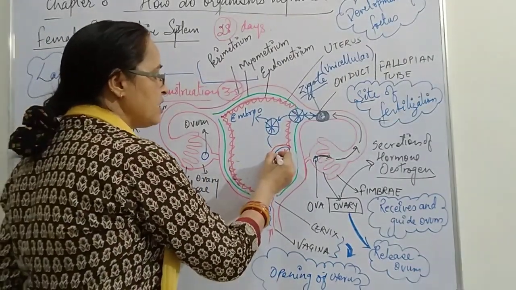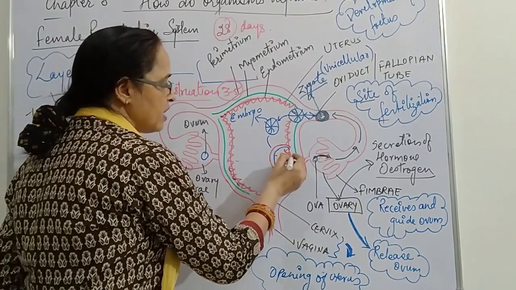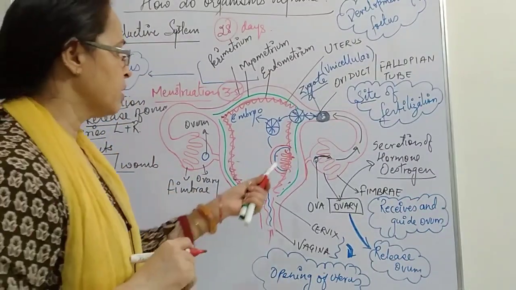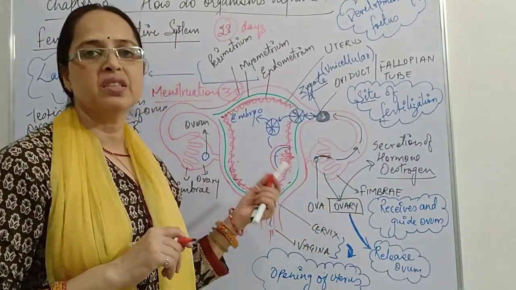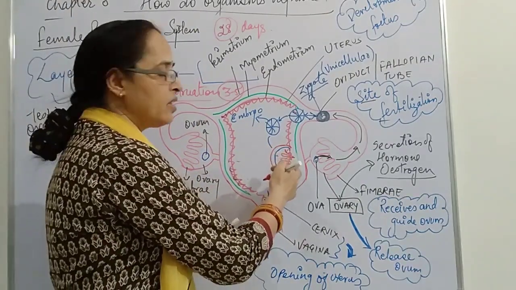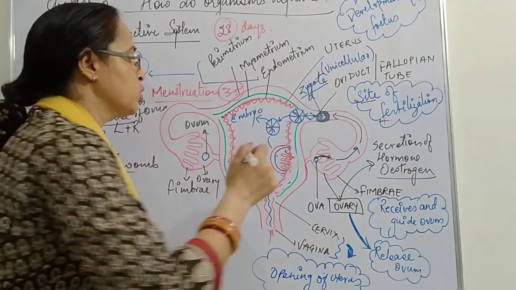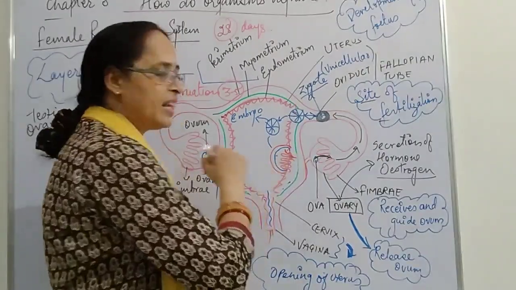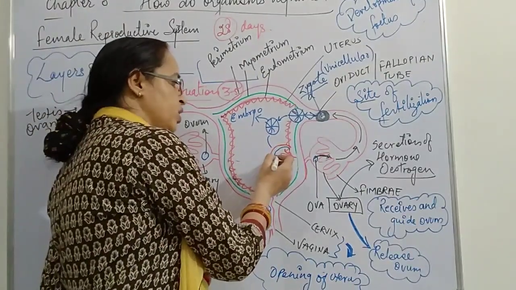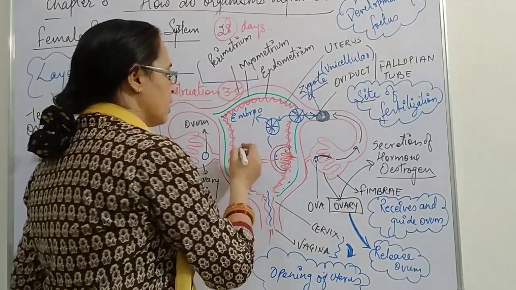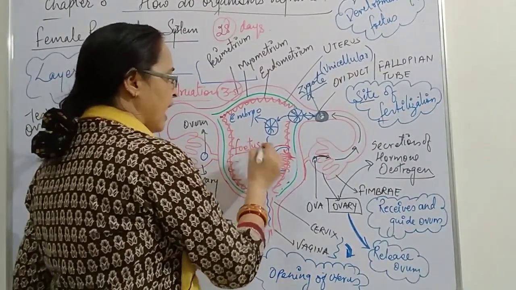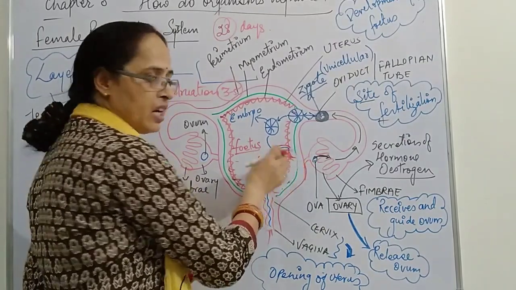That means now this embryo is able to take the nutrients from the mother's blood. Now there is blood to blood contact between the embryo and the mother's blood. So nutrients are absorbed from the mother's blood. Now further division occurs and this converts into a fetus.